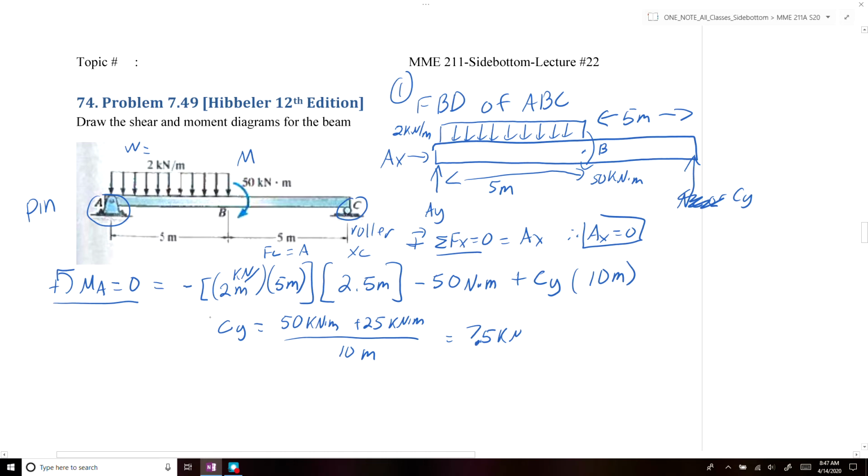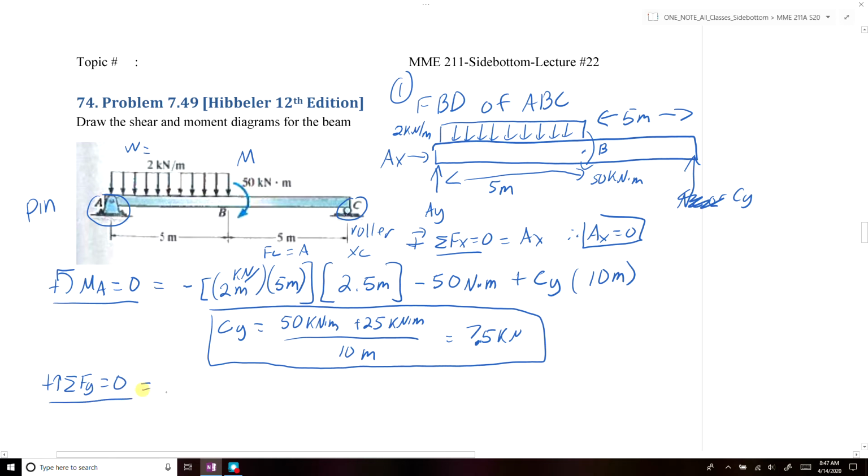Alright, and then to find A of Y, we just have to sum all of our forces in the Y direction, and set that equal to 0. If we do that, we get A of Y minus 2 kilonewtons per meter times 5 meters plus 7.5 kilonewtons.